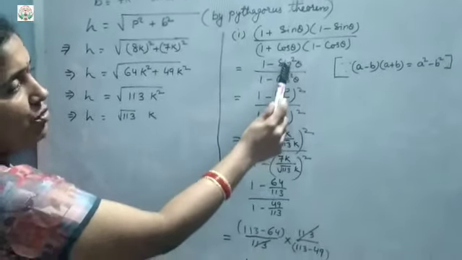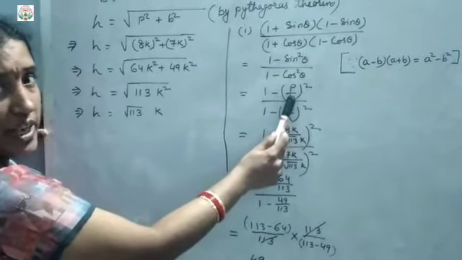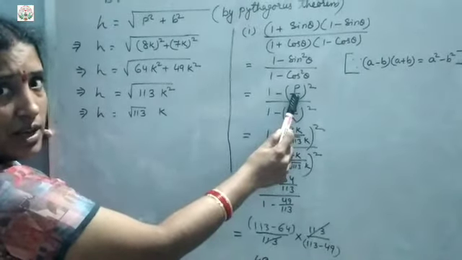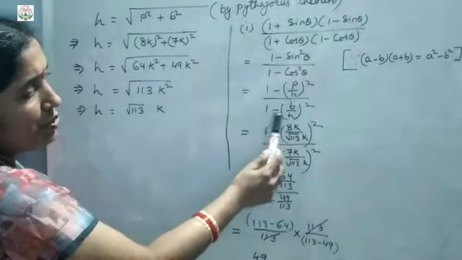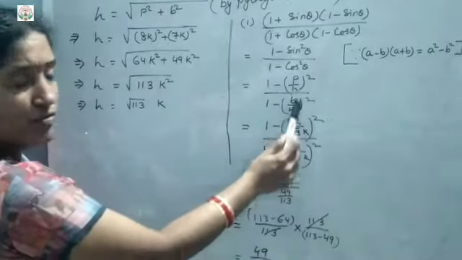Now sin theta we know in ratio is P by H, perpendicular upon hypotenuse. Same way cos theta is B upon H, so we square these.